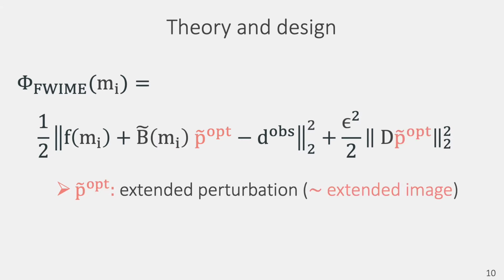We saw that P tilde optimal, or P tilde opt, is computed iteratively every time our velocity model MI changes. And such computation is referred to as the variable projection step in FWIME. We also saw that P tilde opt possesses similar features as extended images, which can provide valuable information about the accuracy of our velocity model.